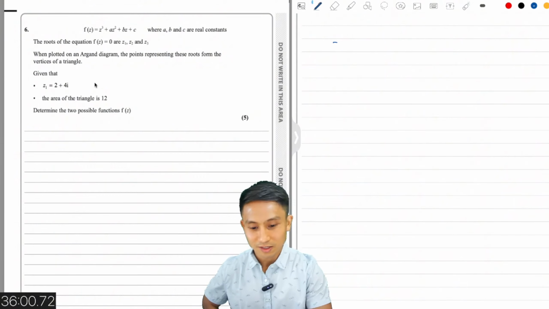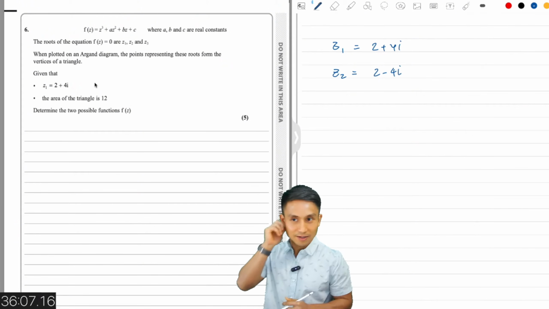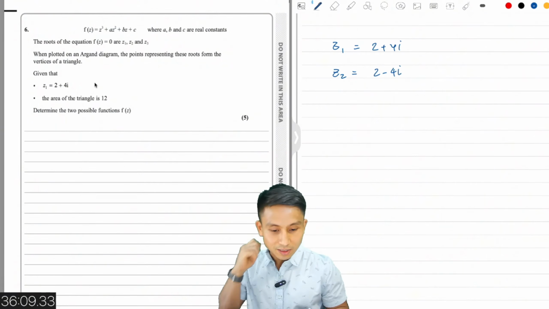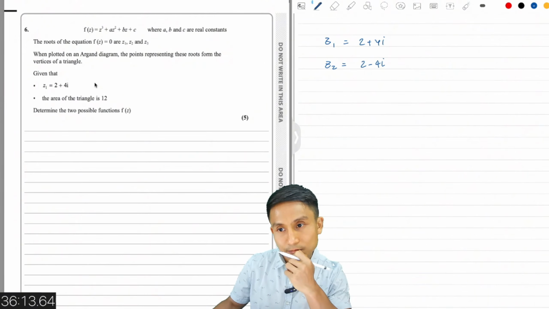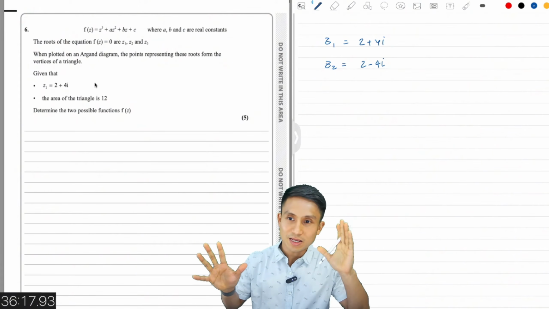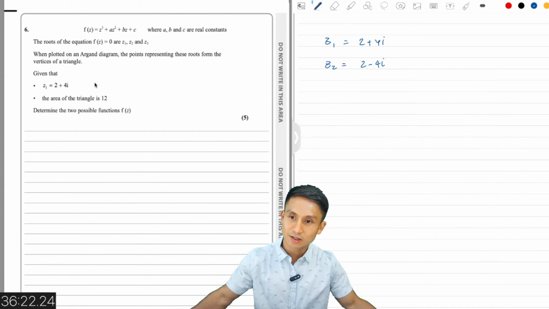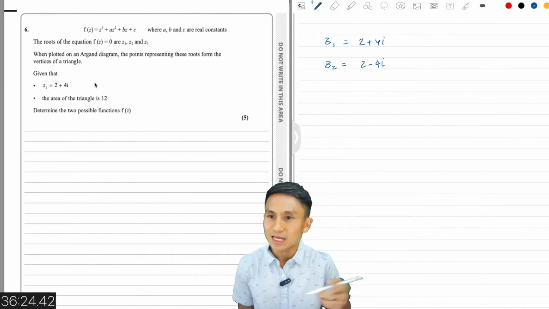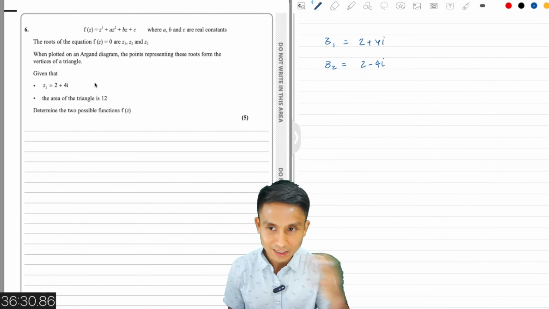That means if z1 is that, then z2 is just the conjugate of that. Let's actually plot this, because the other root should be a real number root, because you can't have one single complex root that doesn't have any conjugate.